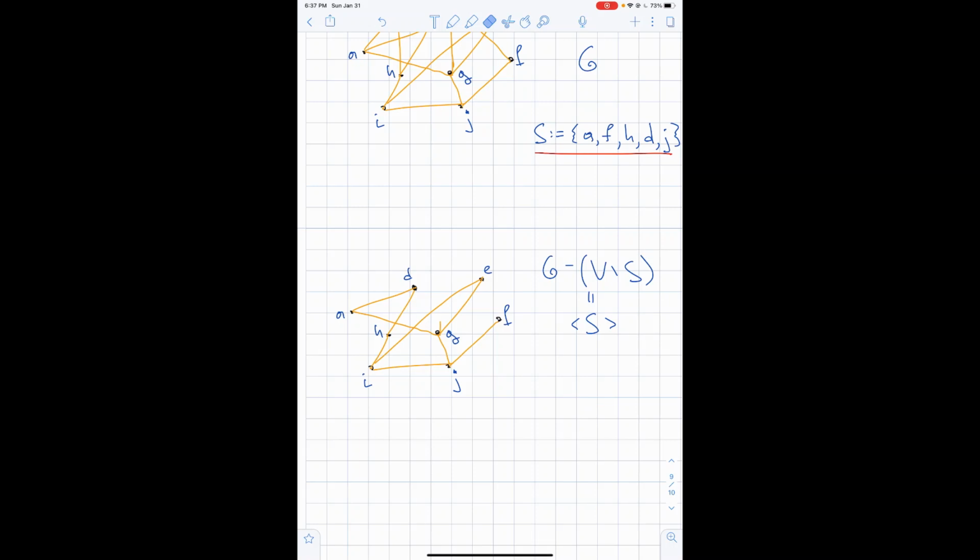We keep D. E we remove. F we keep. G we remove. H we keep. I we remove. J we keep. So that's the subgraph. Just to check, we're supposed to have 5 vertices, and indeed we have 5 vertices here. So that's an induced subgraph.